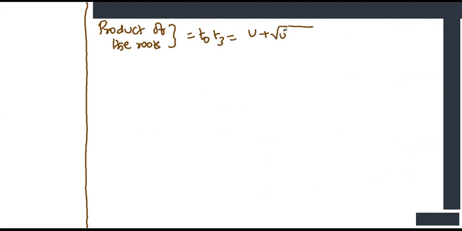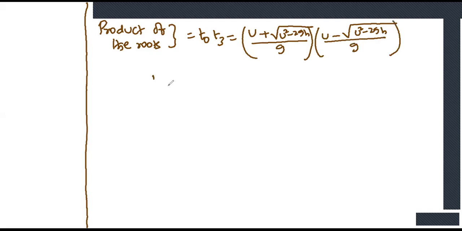Product of the roots T0 T3 is u plus under root u square minus 2gh by g, multiplied by u minus under root u square minus 2gh by g.